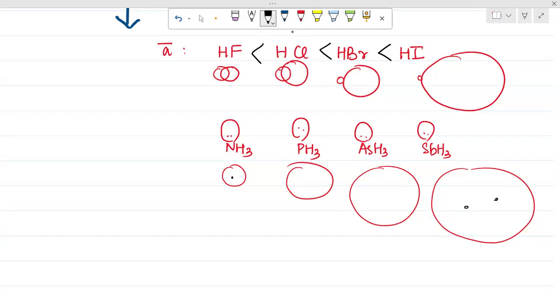But over here, the space is minimal and hence this will try to escape first. So over here, NH3 is most basic. If you again write in terms of electronegativity, your answer will go wrong. Here, size is the dominating factor and hence NH3 is most basic. So as your size increases, your basicity decreases.